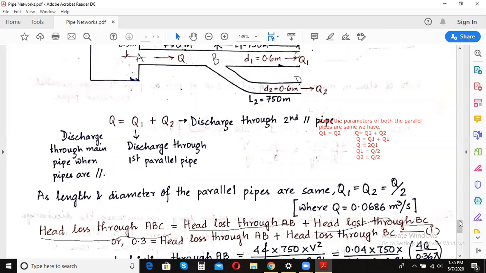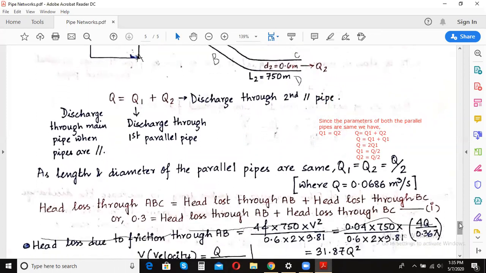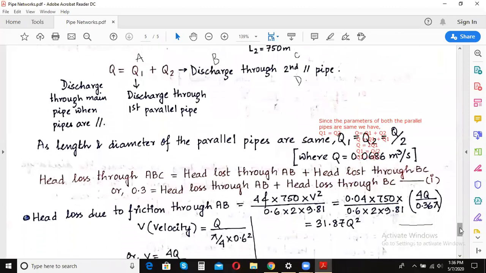This is the tricky portion. Now what will be the head loss occurring through AB? The head loss occurring through AB is equal to the head loss due to friction. What is the formula? 4FLV squared divided by D into 2g.